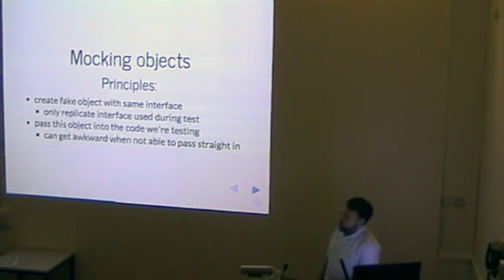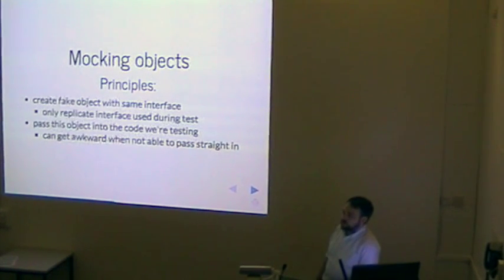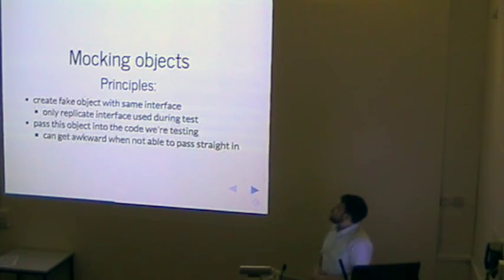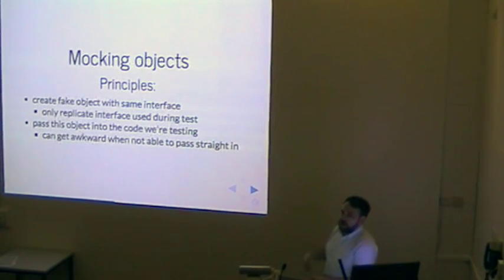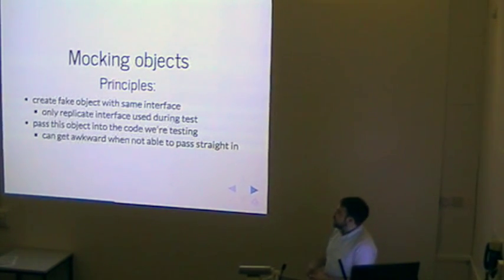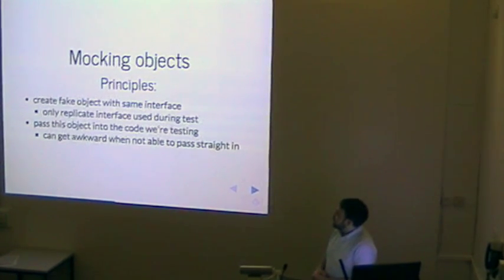It can get a bit awkward if you can't pass it straight in. It depends what you're testing. In the simple example earlier, the unit test, you can pass the fake object straight in. If the object is part way through the code, it can generate it itself, or it can get it from another dependency, and it can get a bit more awkward.